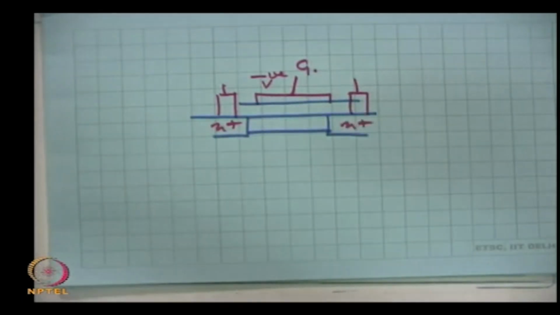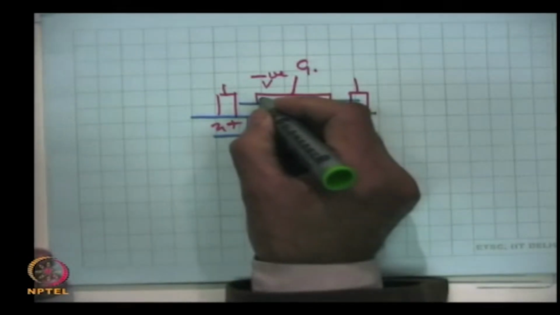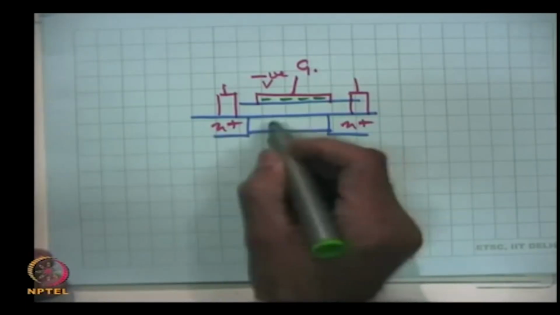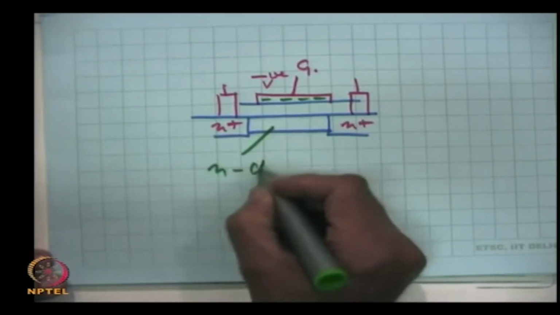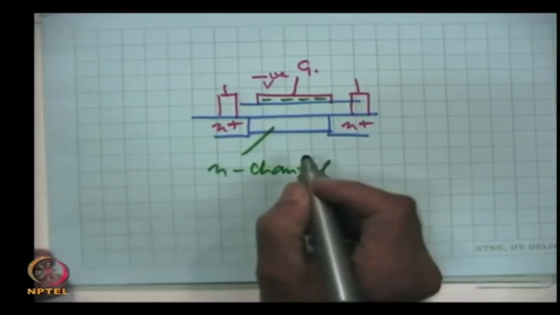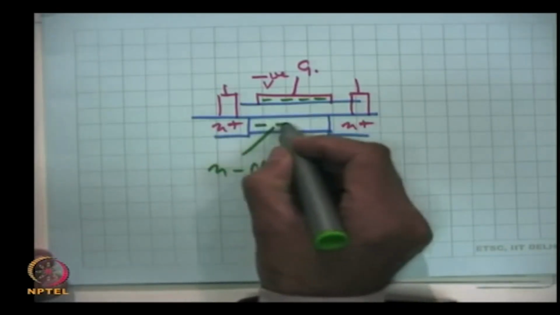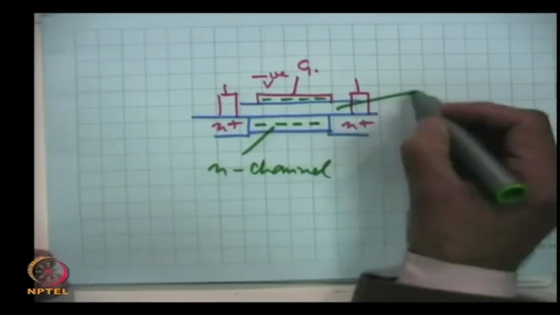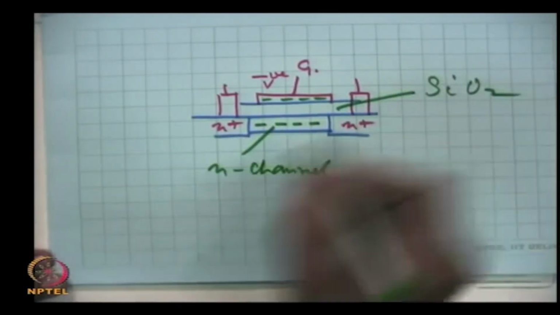look at these charges, this is negative charge and this is N type channel, N channel, and so here are the electrons, this is the SiO2 layer, a dielectric.